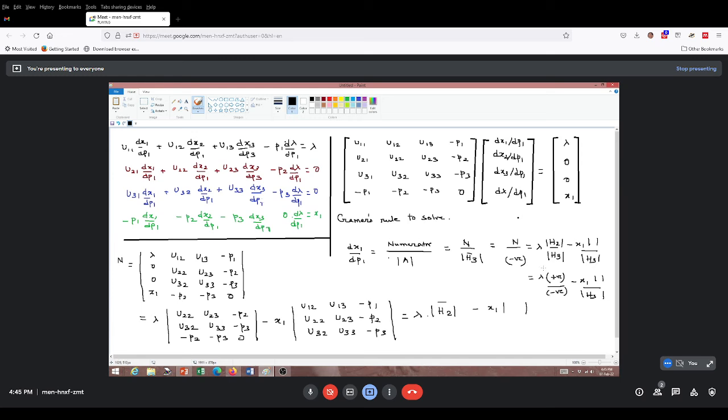Right? So that means this is the substitution effect, and you can see that the own price substitution effect is always negative.